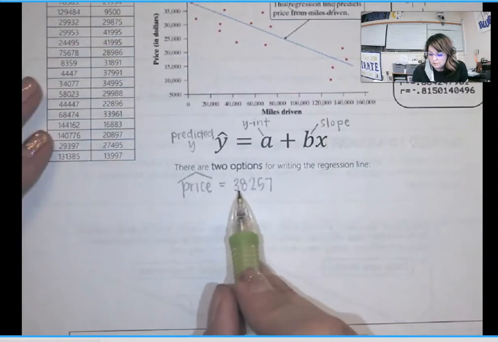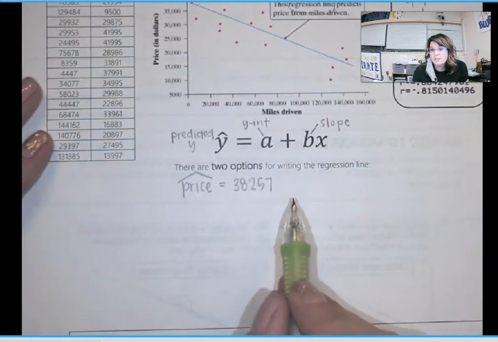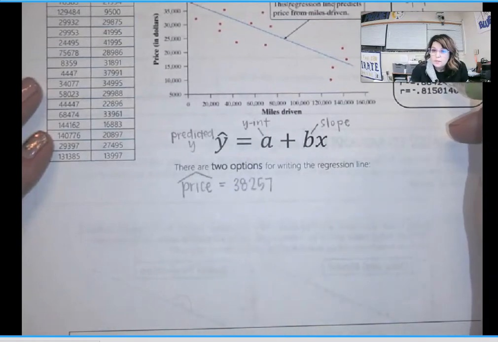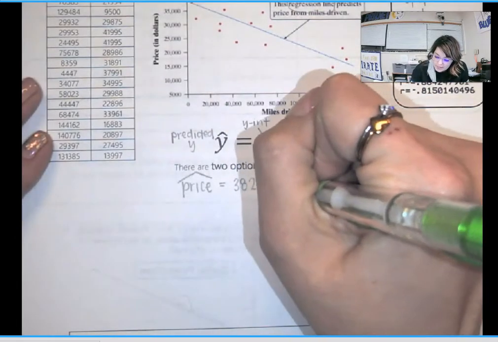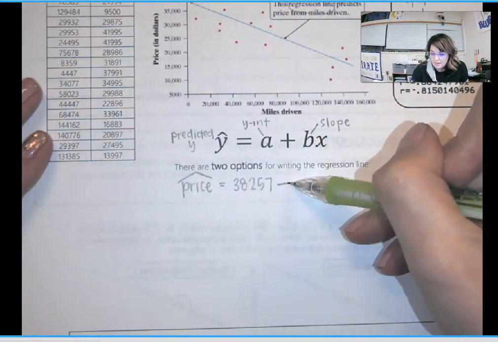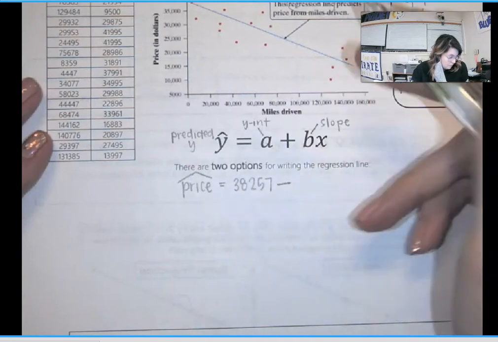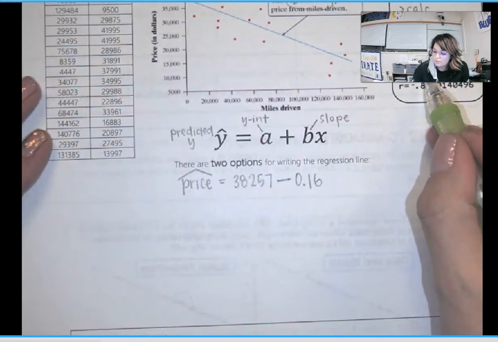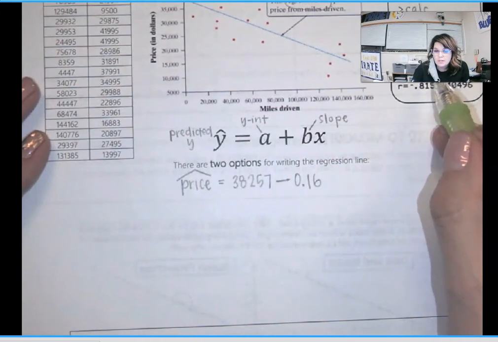You are absolutely allowed to say 38,257.14. Our slope is negative, so instead of having a plus sign here, we're going to say minus 0.16, which I rounded so that it looked like money.